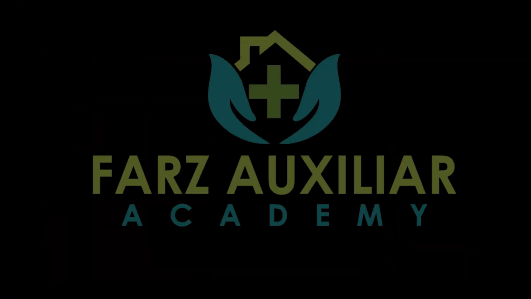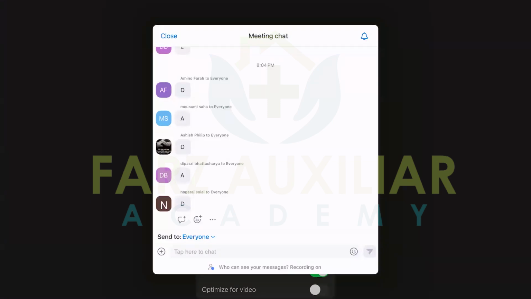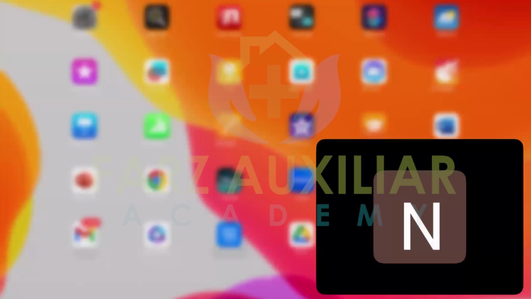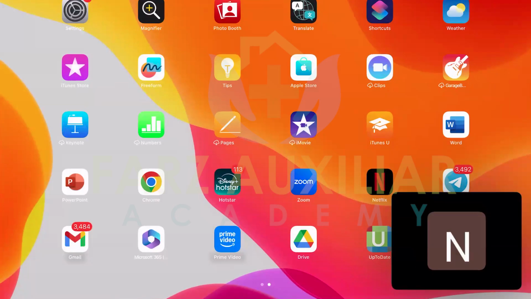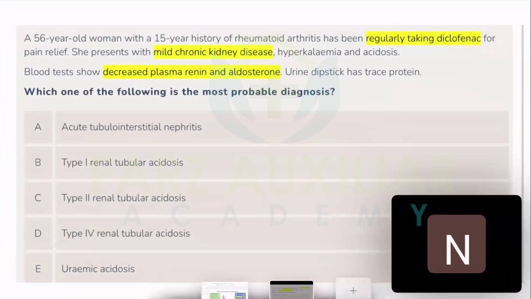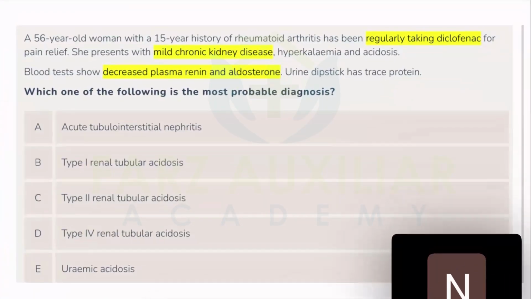So what about type 1 and type 2? How to differentiate? Because type 1 and type 2 both have hypokalemia. Firstly, both have hypokalemia. Secondly, both are causes of non-anion gap metabolic acidosis.